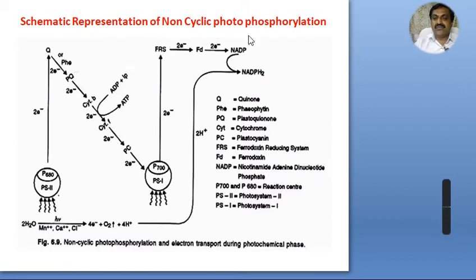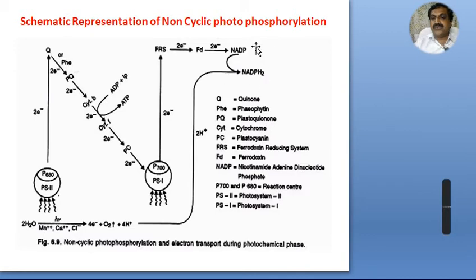And here in non-cyclic photophosphorylation, we have both P700, PS1, and P680, PS2. So there is involvement of two photosystems in non-cyclic and only one photosystem in cyclic. And here only one ATP is formed during non-cyclic photophosphorylation, whereas in cyclic photophosphorylation, two ATP were formed.